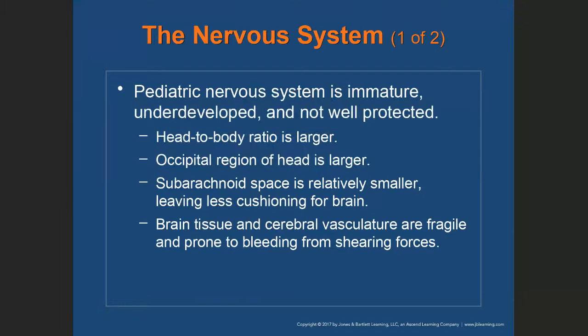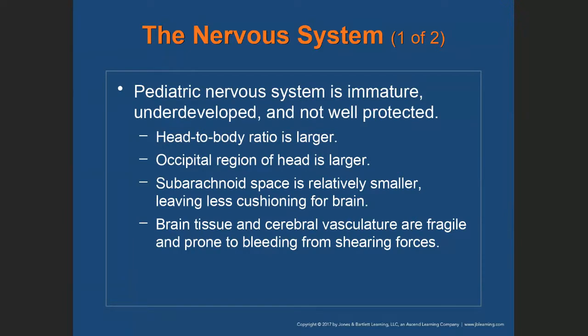The nervous system. The pediatric nervous system is immature and underdeveloped and not well protected. Their head to body ratio is large, meaning their head is much heavier than the rest of their body. The occipital region of the head is larger, especially for your younger pediatric population.